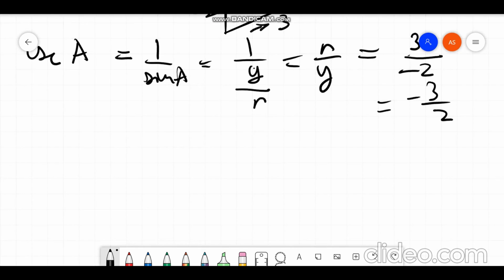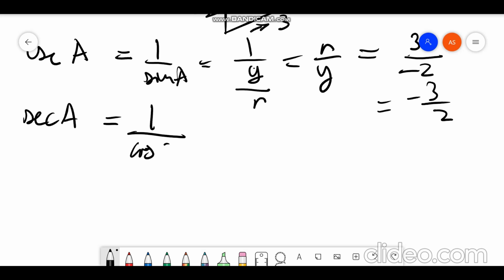Now the other thing we wanted is the sec of A, which can be written as 1 over cos of A, which is 1 over the adjacent over the hypotenuse r, so r over x.